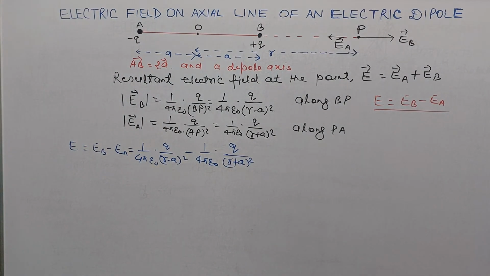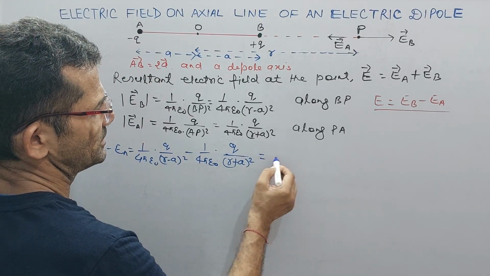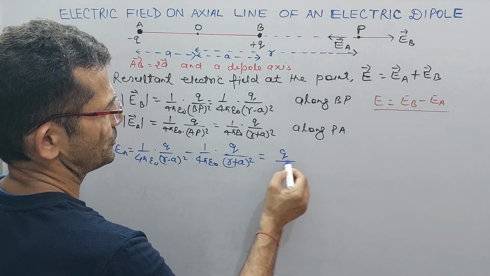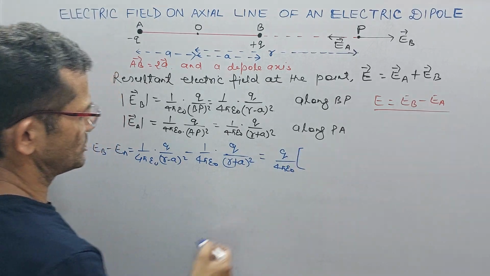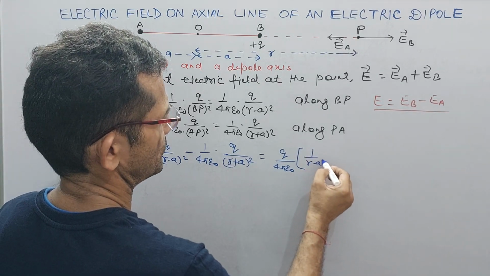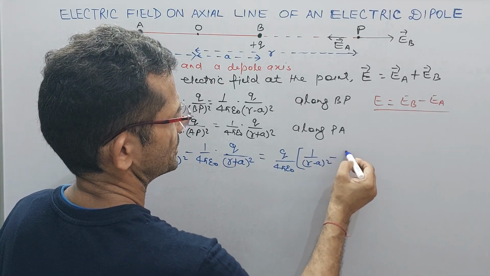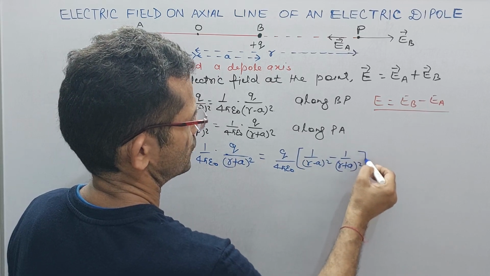Now taking the common factor, Q upon 4 pi epsilon naught, the inside will be 1 upon R minus A whole square minus 1 upon R plus A whole square.